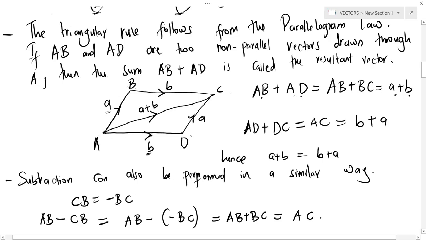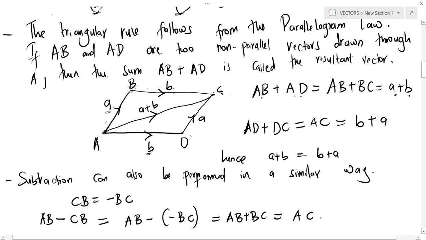So AB plus BC basically gives us A plus B, as you can see, which is equal to our AC as well. So evaluating AB plus BC, that is A plus B, is just the same as AC.